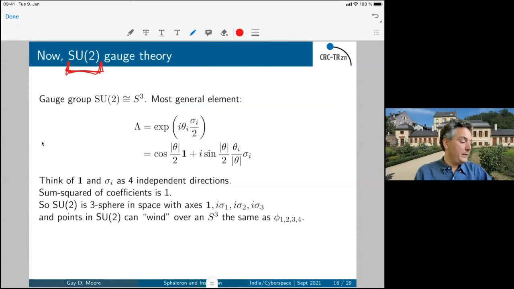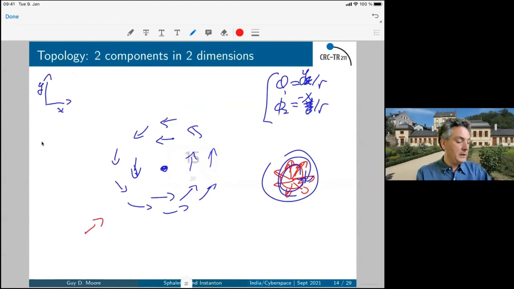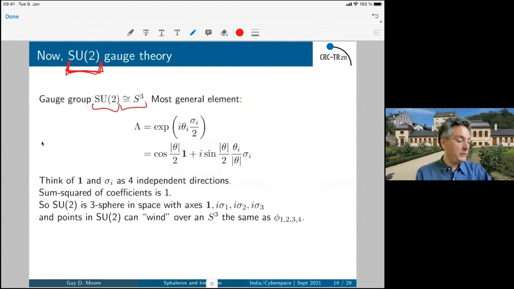And it turns out that the group SU2 is isomorphic to S3, which is the same as the set of possible vacuum values for this field if I were in 4 dimensions. And so the same kind of winding that we saw here and that we saw here can occur in 4 dimensions with something which behaves like S3 or like SU2.